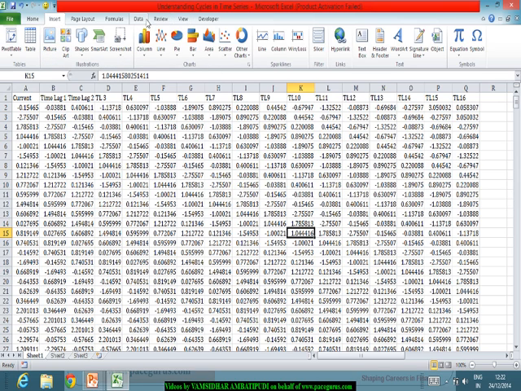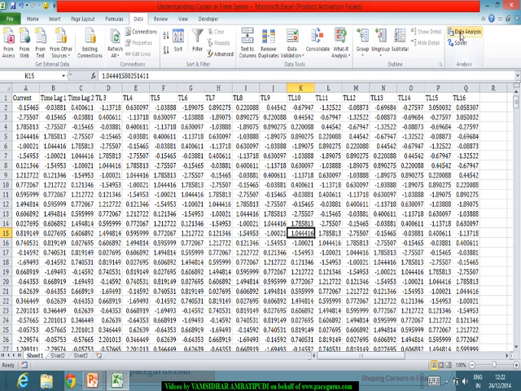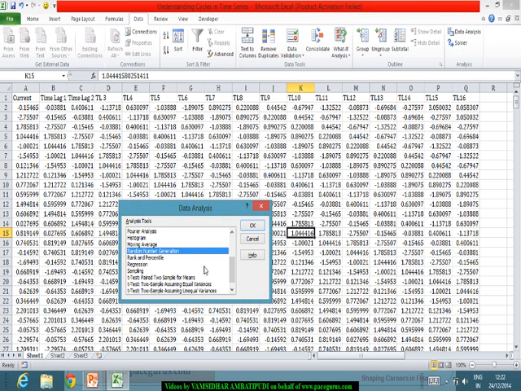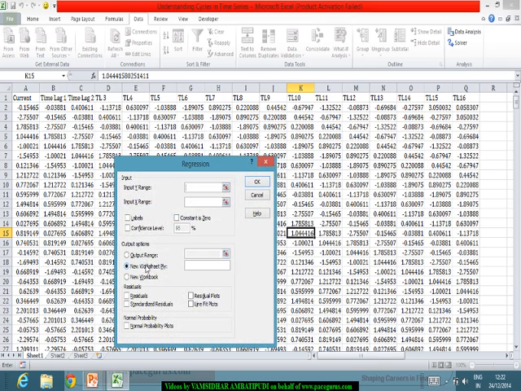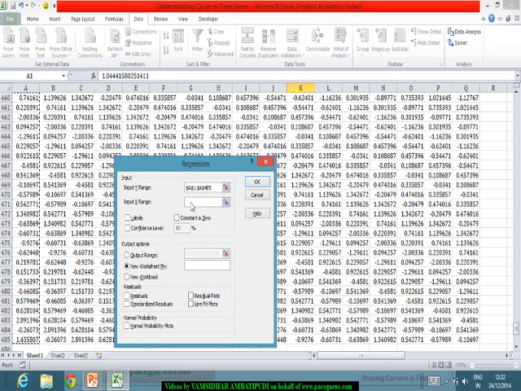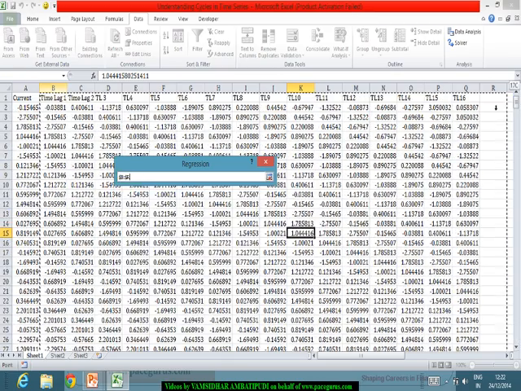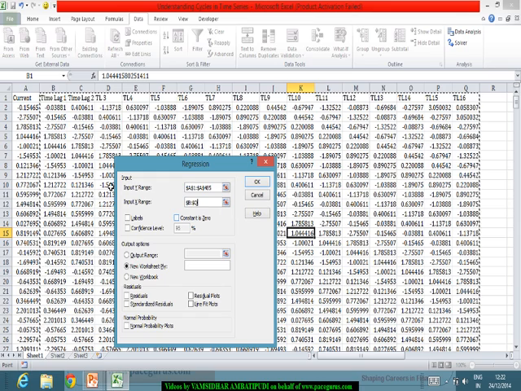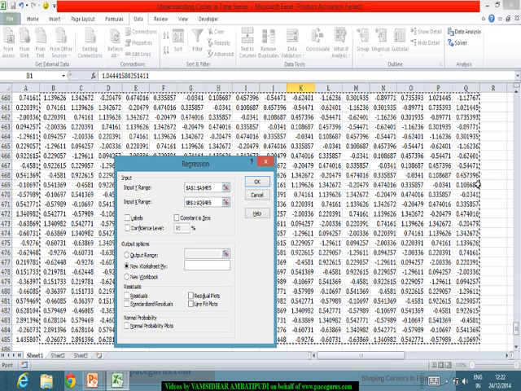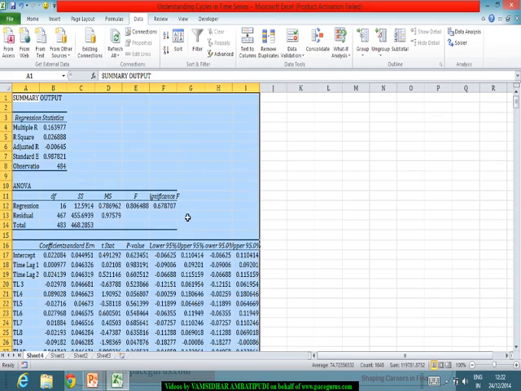So what is coming out if I am doing the regression like this? I will consider this as the dependent variable and all these different lags as the independent variables with labels, and try to do the plotting.